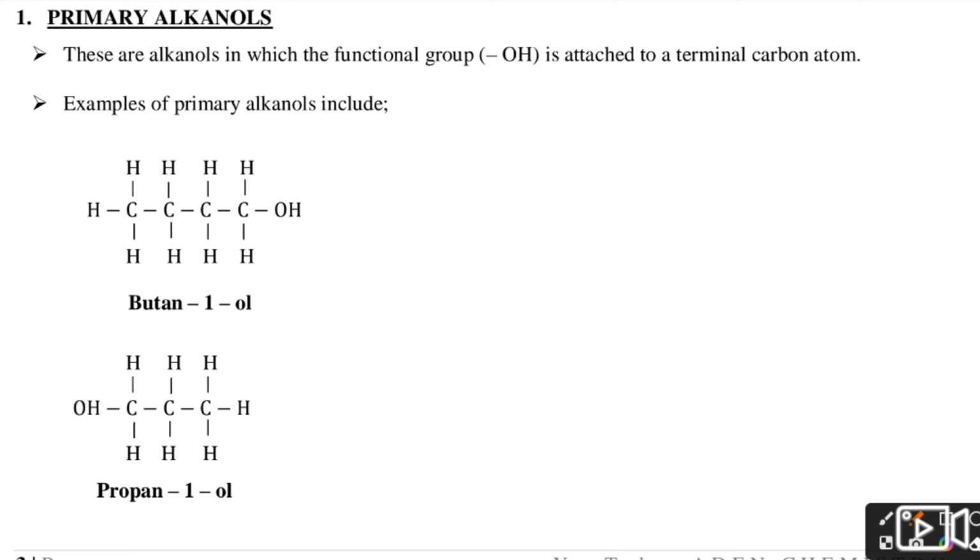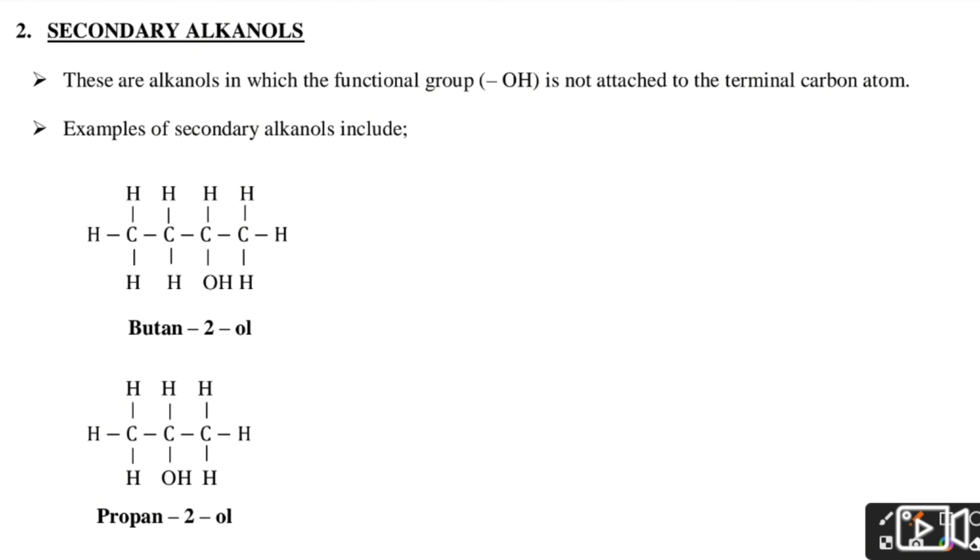If the functional group is attached to a carbon with two hydrogen atoms, that alkanol will be regarded or named as a primary alkanol. So you have to know, you can say the functional group is attached to a terminal carbon atom, or to a carbon with two hydrogen atoms. That is how you see a primary alkanol.